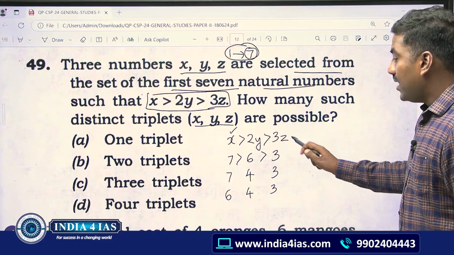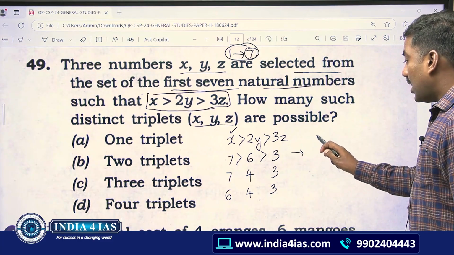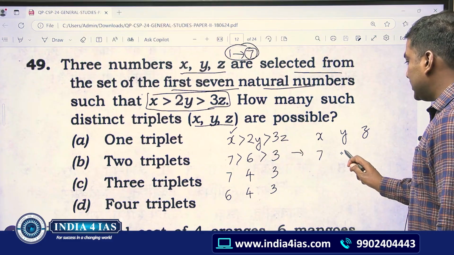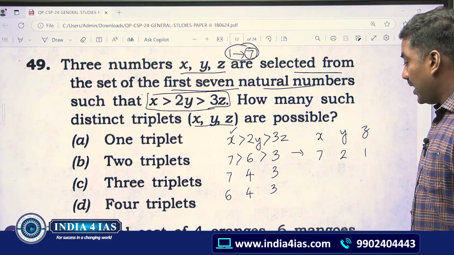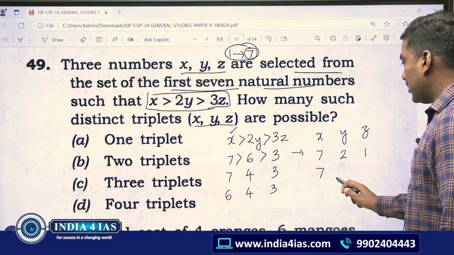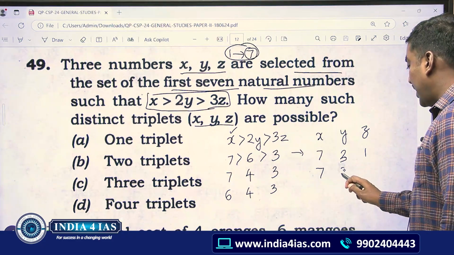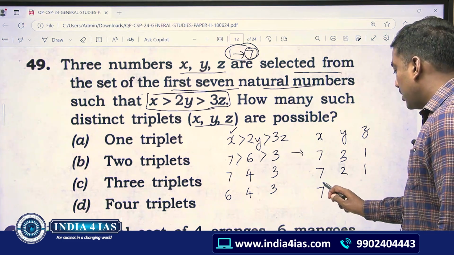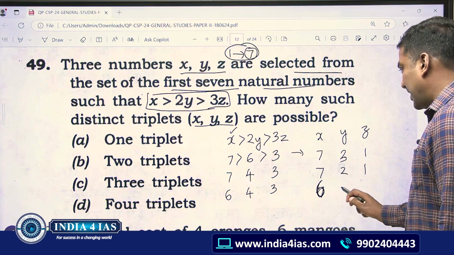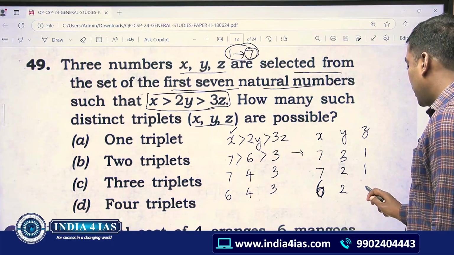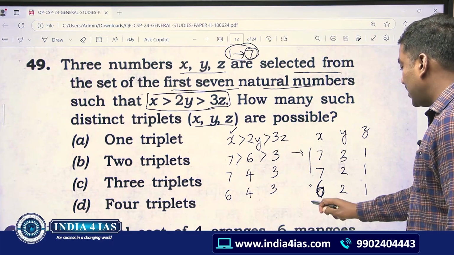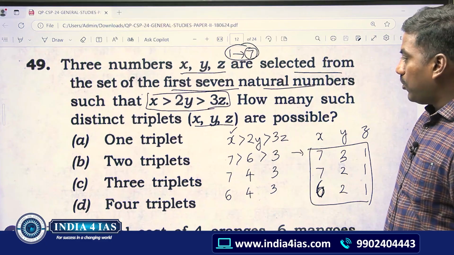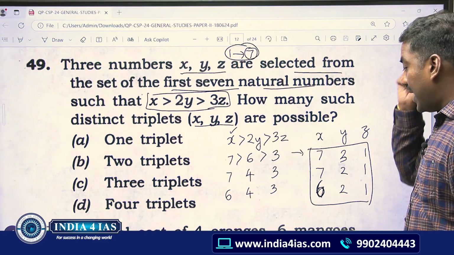So here, x is 6, then y is 2 and z is 1. So these are the different possibilities for x, y and z.